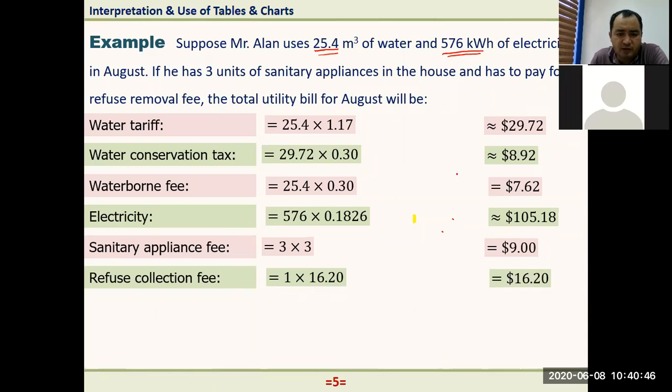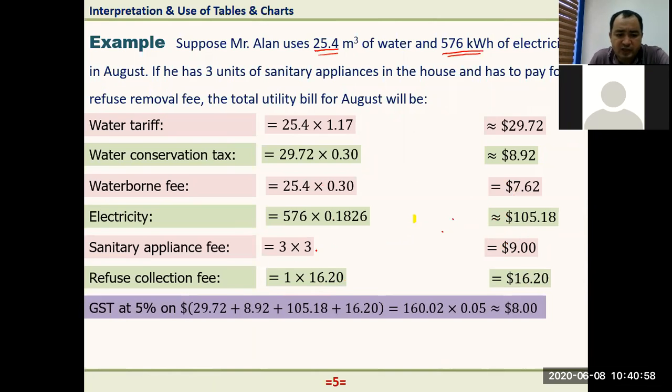But some of them include GST, some of them do not include GST. So now also we have to add GST, right? Goods and services tax. GST is at 5%, and on this amount we also have to pay tax. And this one includes GST, that's why we do not evaluate GST on this.